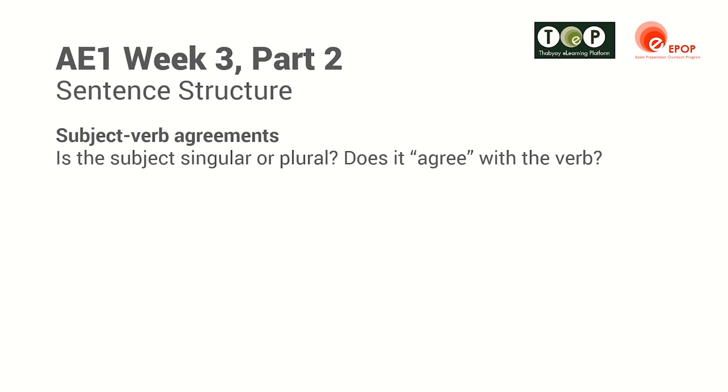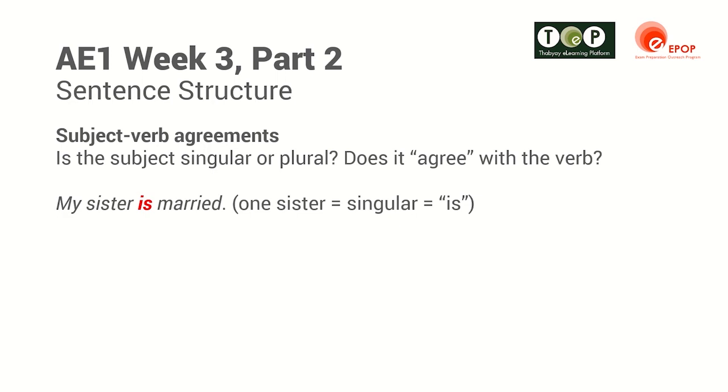Okay, so we want to look at subject-verb agreements. So you need to consider when you're checking a sentence whether the subject is singular or plural, one or many, and then does it agree with the verb? So for example here, my sister is married.